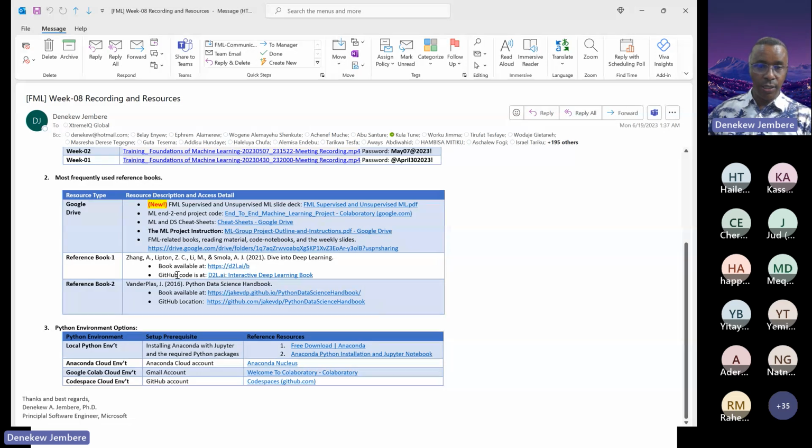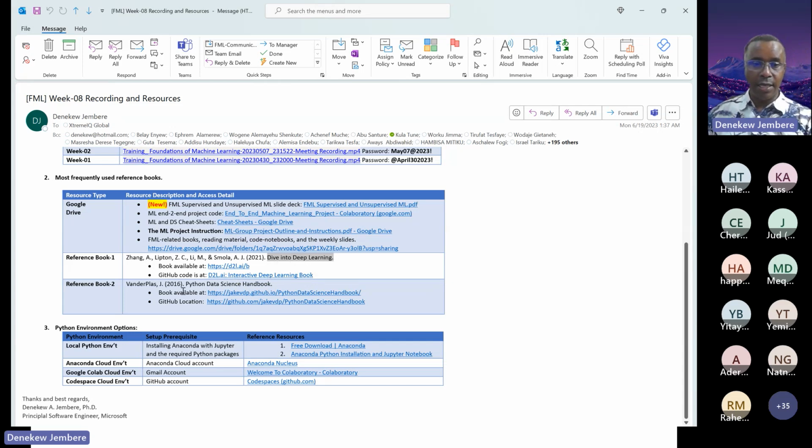This book is the D2L interactive deep learning book, or Dive into Deep Learning. This book is very popular. It's only 2 years old, and it's popular in 400 universities throughout the world. So make the best use of it when doing your project, and you could get example data sets that could align with your project.